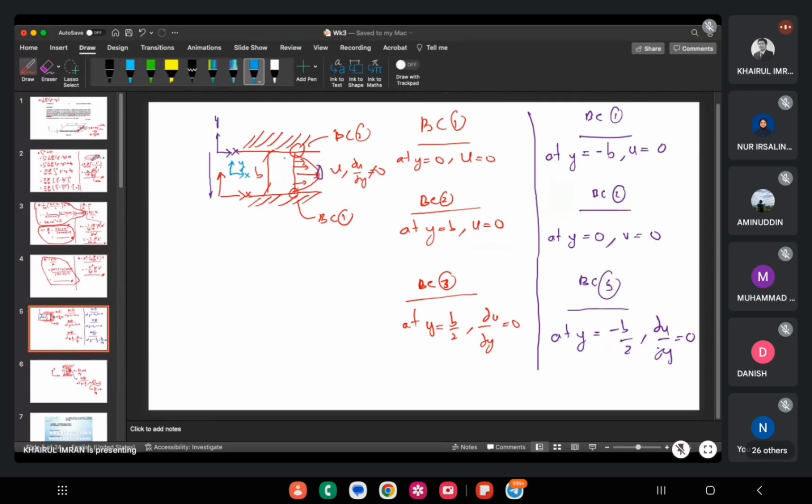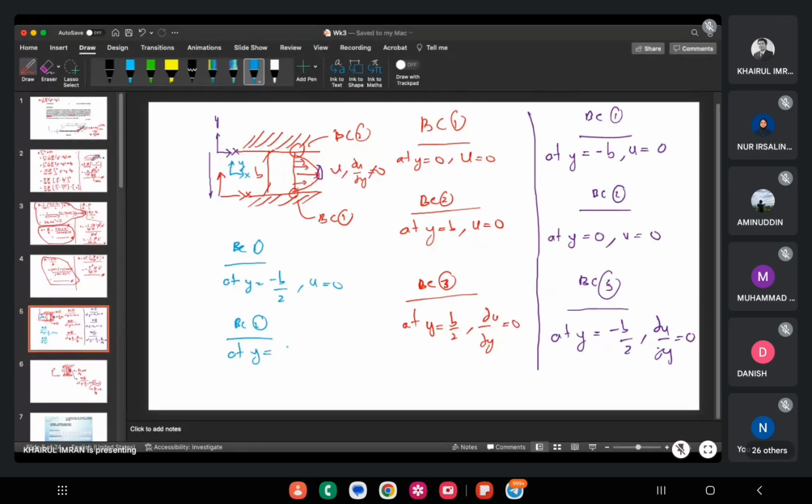So sekarang BC1 akan jadi at Y equals to apa? Negatif B over 2, U sama dengan kosong. Siapa boleh bagi saya BC2 yang atas?